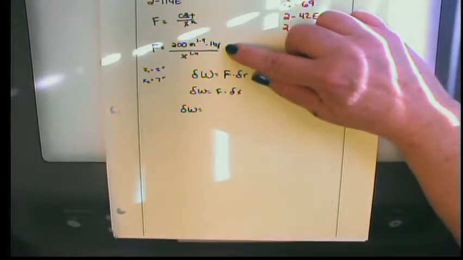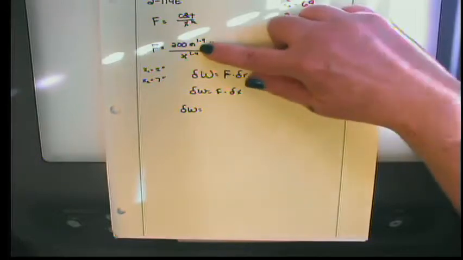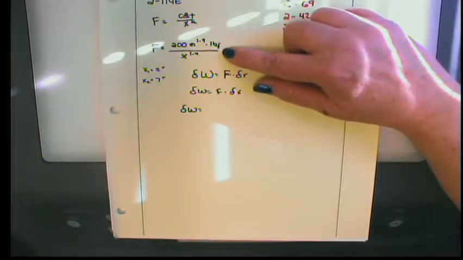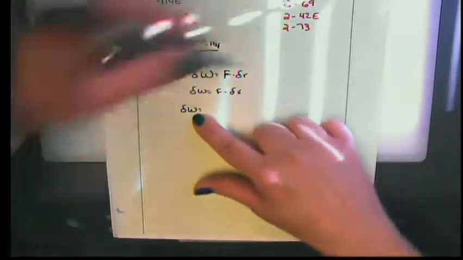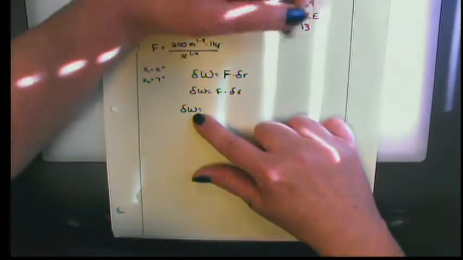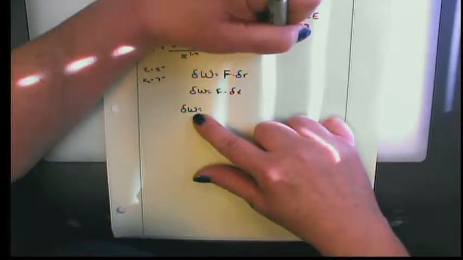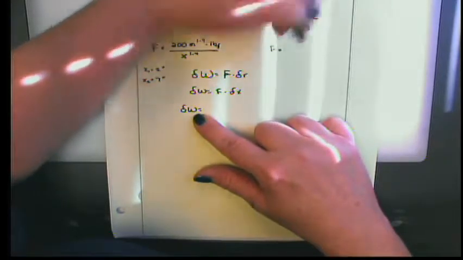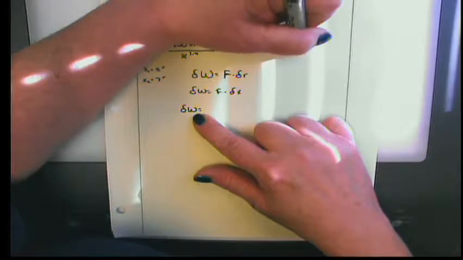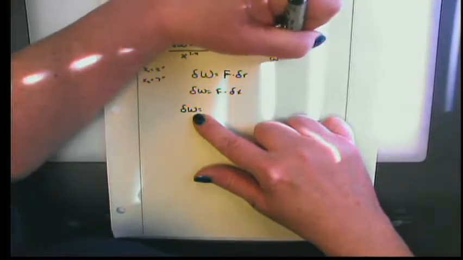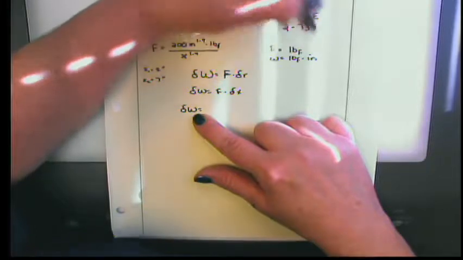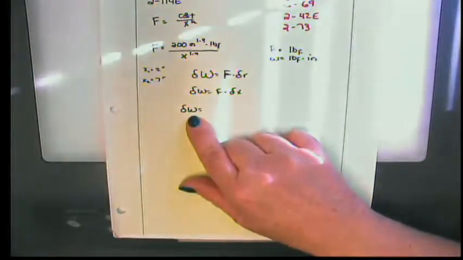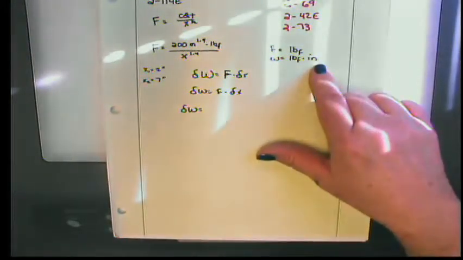Now, even though we have inch pounds, I'm going to leave the units off for now, but remember that if a force is measured in newtons or pounds of force, work is measured in force times distance. So in this case, it's going to be inches. So when we do our integral, we're going to come out in inch pounds. Then we're going to have to convert inch pounds into BTUs to get the final answer.